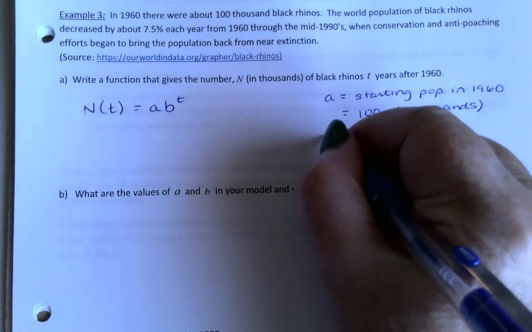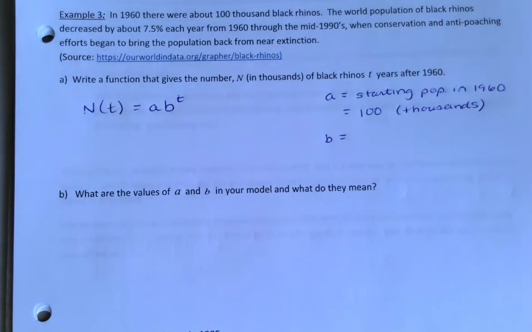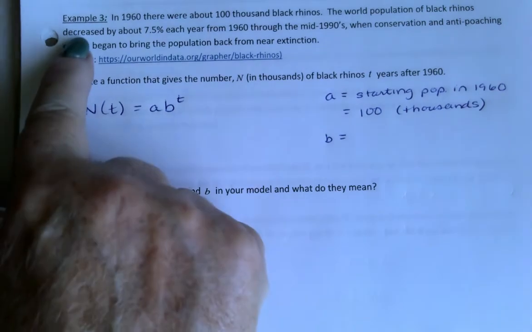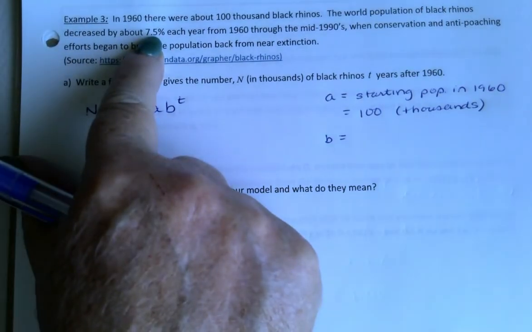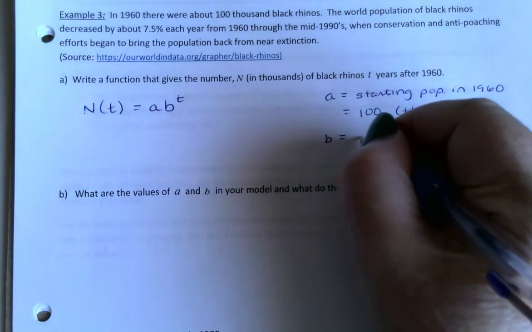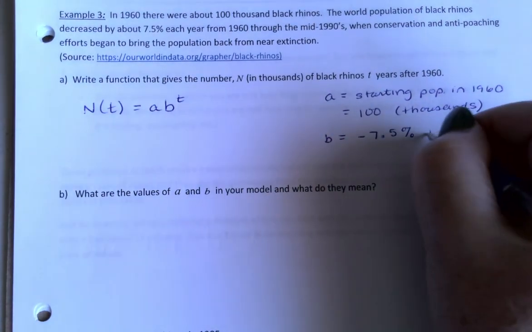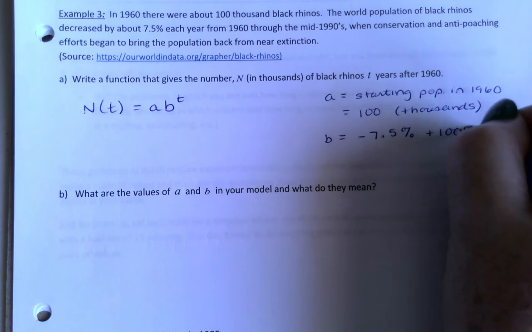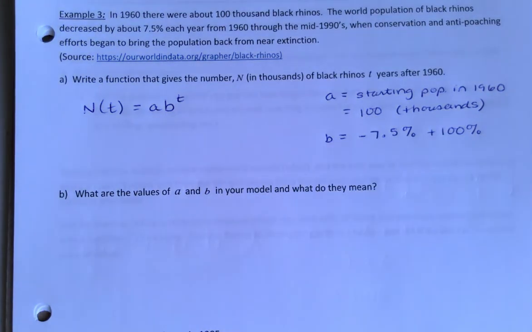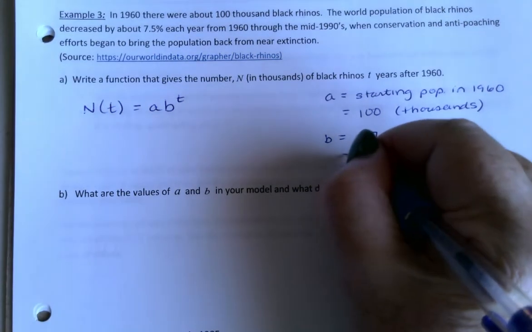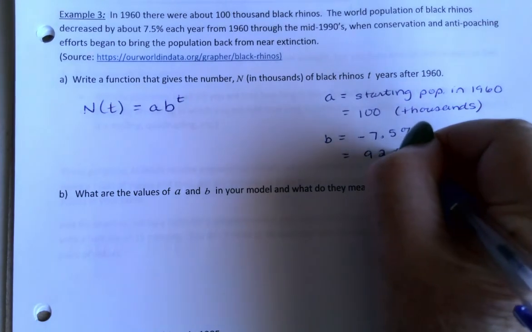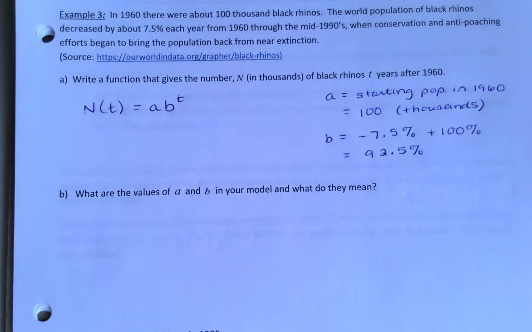And then our B value, well, we're decreasing by 7.5% each year. So that would be negative 7.5% added to the 100% from the previous year. So we're at 92.5% of last year's amount as we decrease.